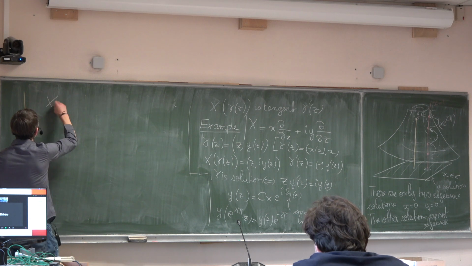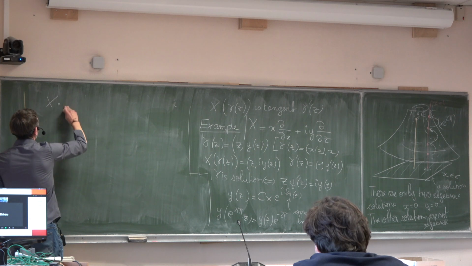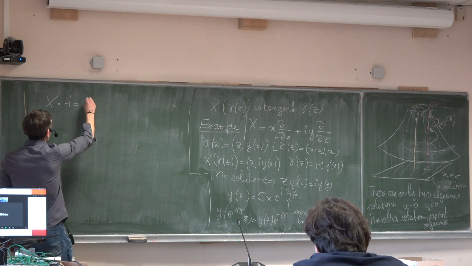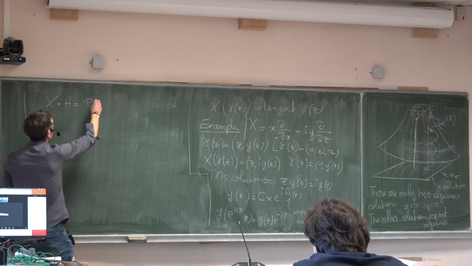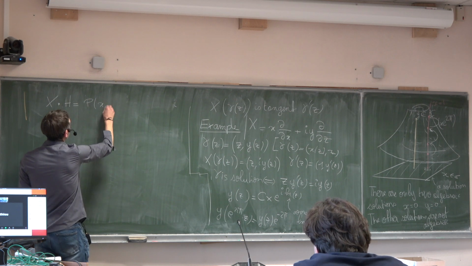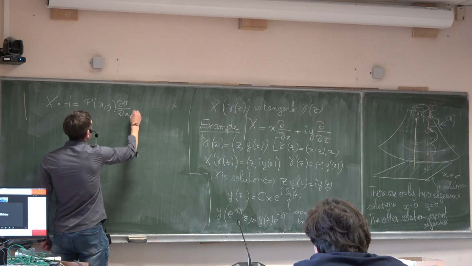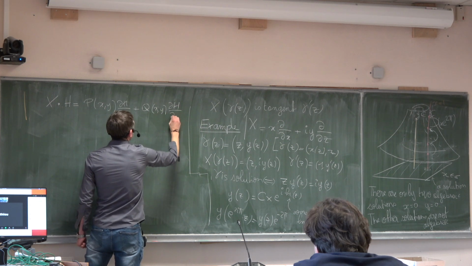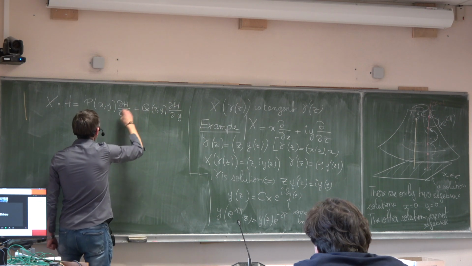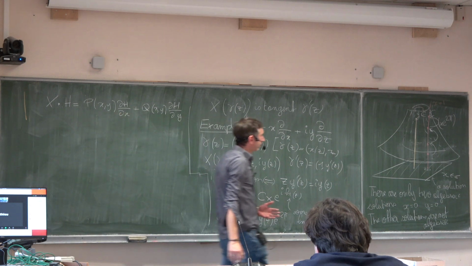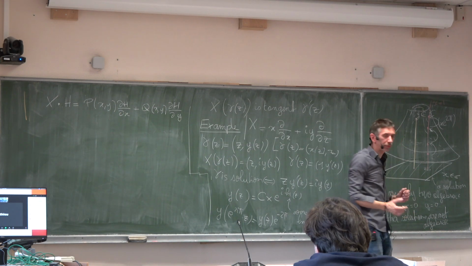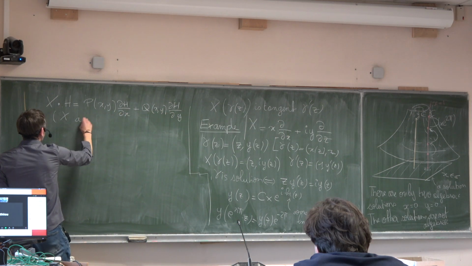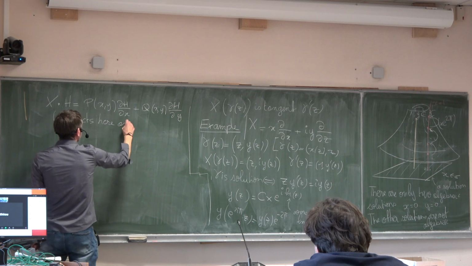So you can compute X of some function using X as a derivation, and the general formula, using the notation initially introduced, would be just this formula. So here you see X not as a geometric object, but as an algebraic object, a derivation. X acts here as a derivation.